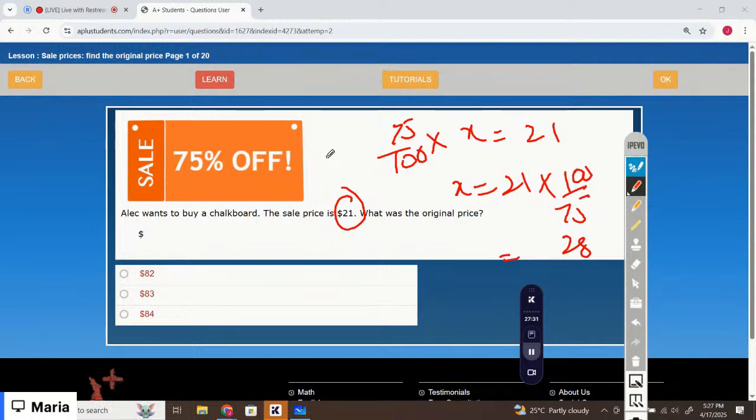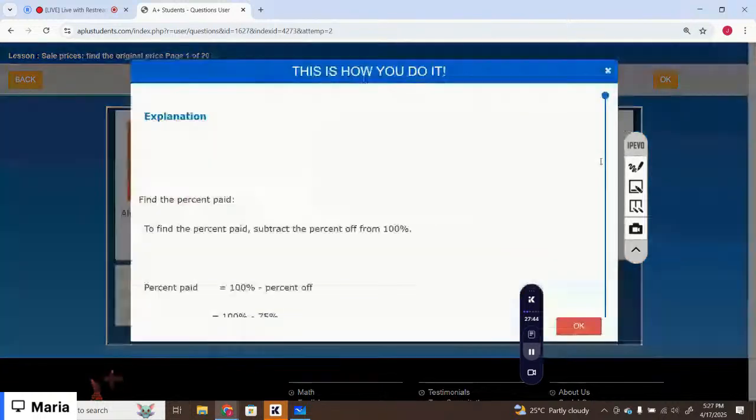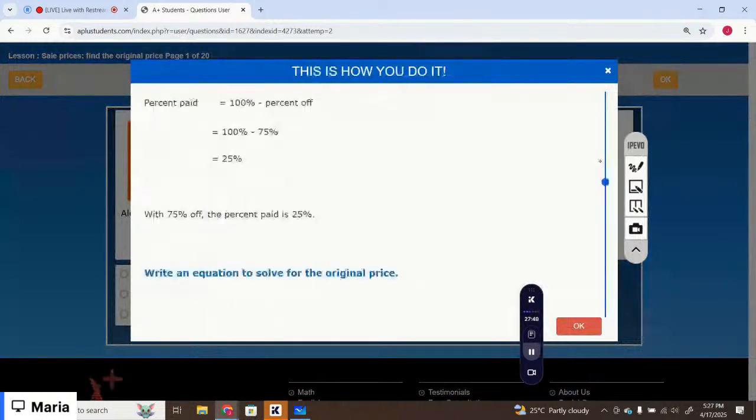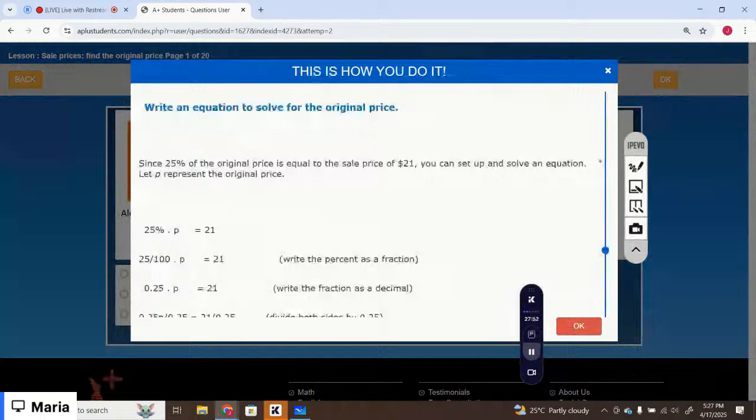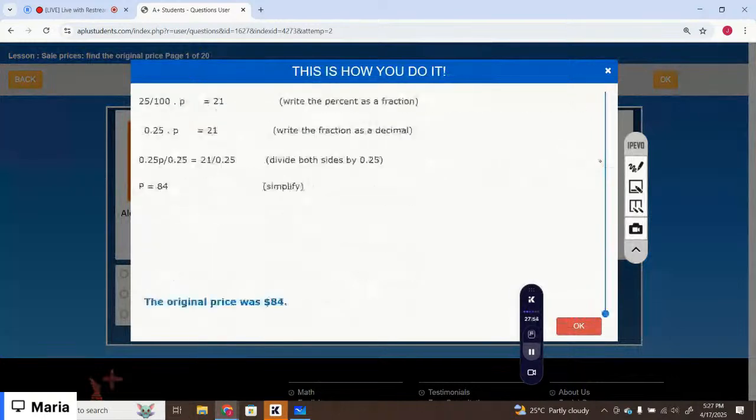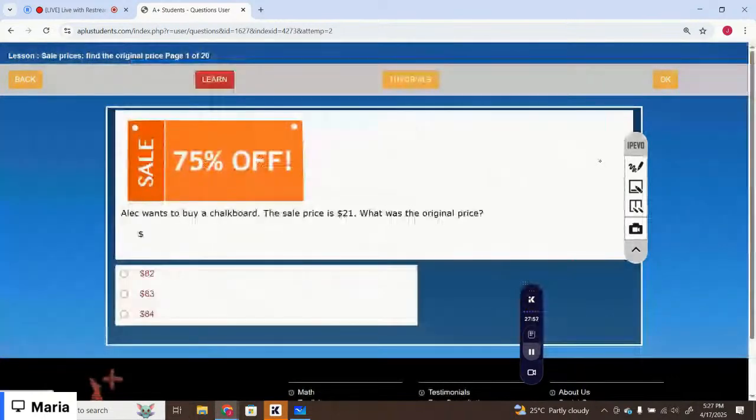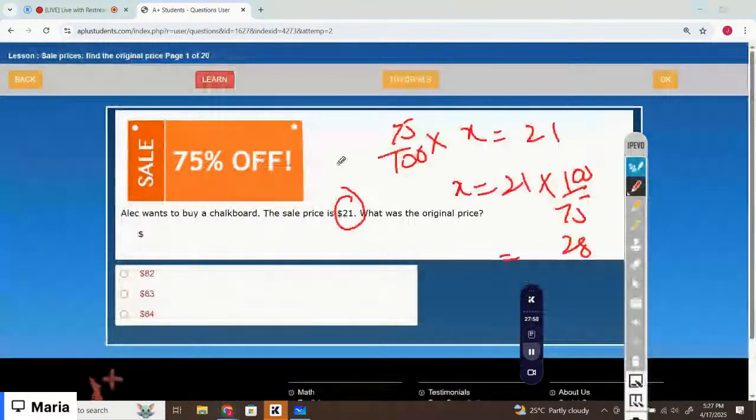If that is not the original price, then how do we? Okay, 100 minus the percentage of 25%, wait, 25%. Oh, got it. So basically, you paid 75%, right? You have 100 minus 75 equals 25. You have 25% is 21. So just calculate 25% of 21.